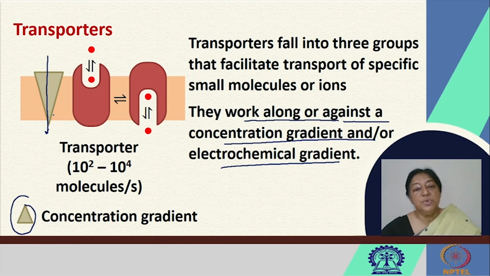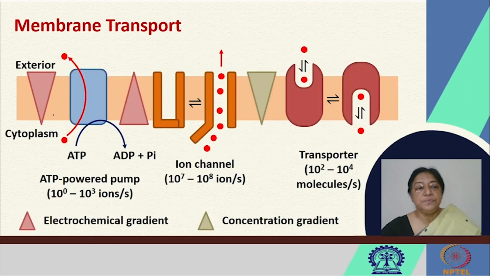However, it is also possible to have these work in a different fashion where we would have ATP triggered movement that will make it transport against the specific potential, whether it is the concentration potential or the electrochemical potential.